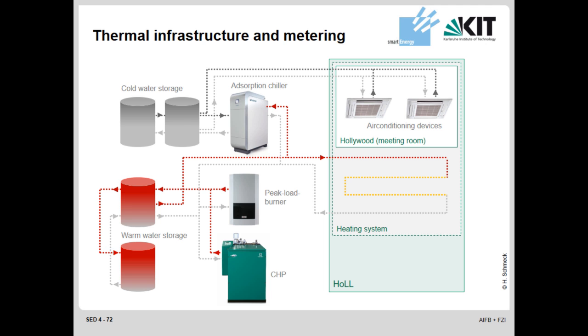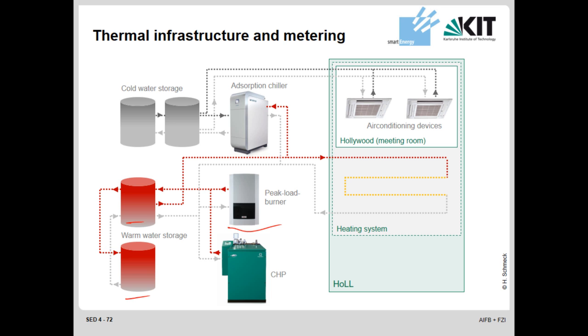We have to measure how much gas we are using, how much heat we are generating, how much heat we are consuming. So there are all kinds of sensing equipment, again, installed in the house, but that is much simpler. But as I said, we have our combined heat and power plant, we have the peak load burner, and this provides power into our warm water storage.